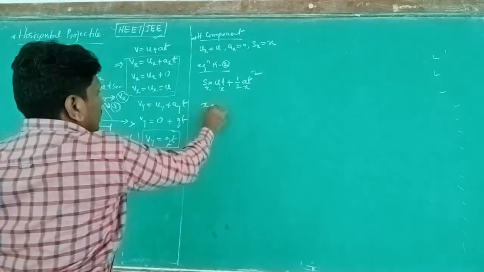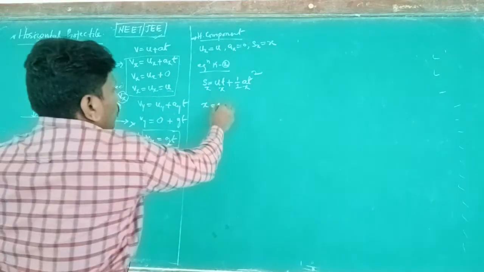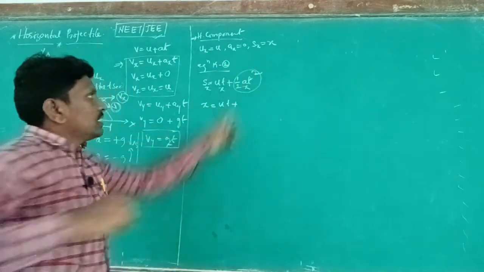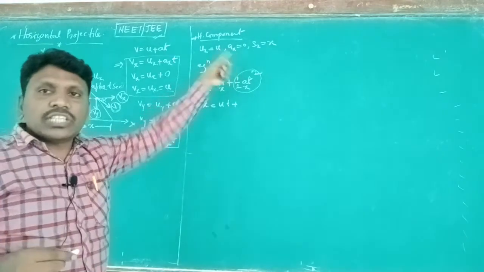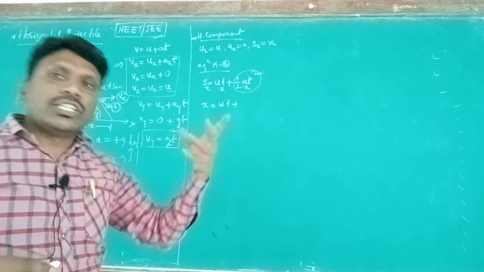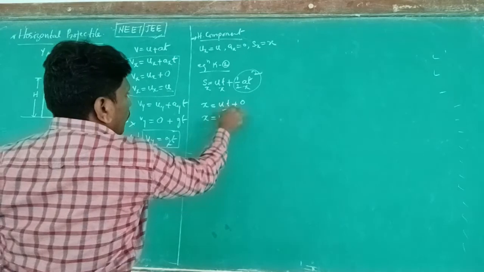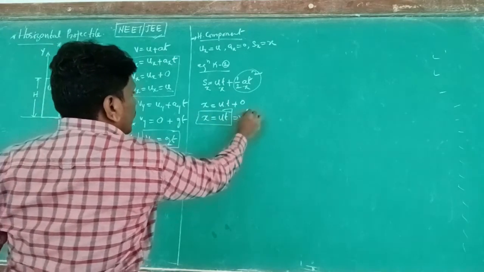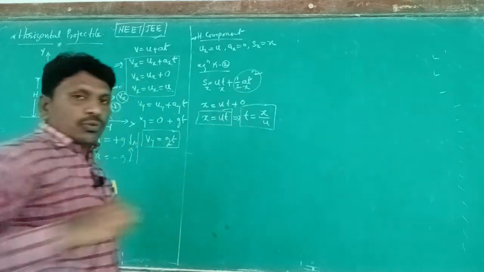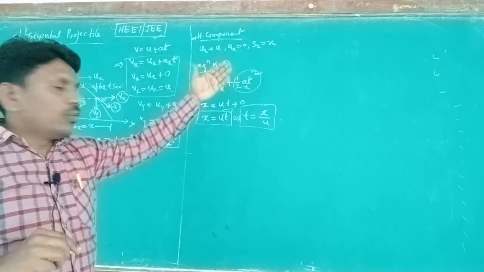Sx is nothing but x, as we have already seen in the conditions, and ux is nothing but u, so ut plus this total term becomes 0 because there is no ax. Acceleration of the projectile in the horizontal direction is 0. Then x is equal to ut. From that we can write t is equal to x by u. Clear?